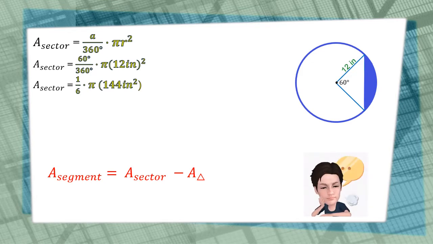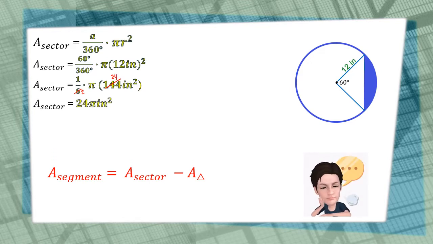But instead of multiplying, we can see that we have the values 6 and 144, which we can simplify because 144 and 6 are both divisible by 6. So 6 divided by 6 would be 1, and 144 divided by 6 would be 24.